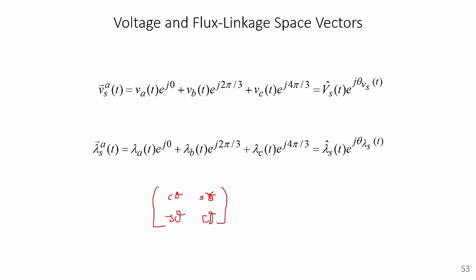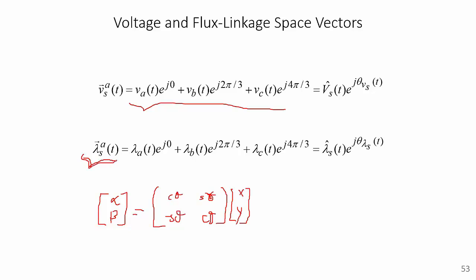So we would multiply the xy vector by this matrix to transform it to a rotated vector in a different plane, alpha beta. The same can be extended to 3 variables, which is represented by this equation on the top. And all the motor variables such as voltage, current, flux, all of these can be transformed into space vectors merely on a mathematical basis, since all of these are in a balanced system, and thus they can all be reduced from 3 dependent variables to 2 independent variables.